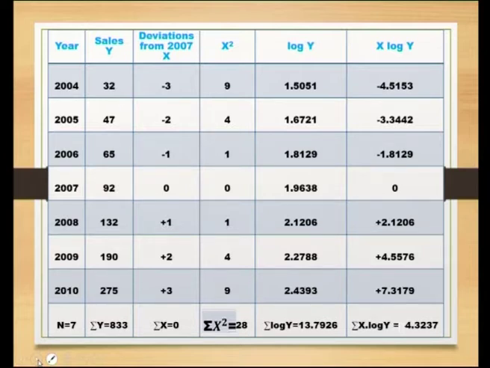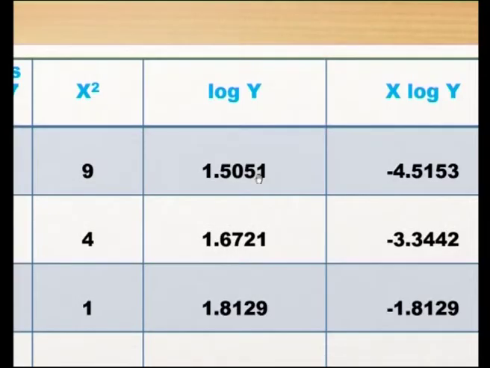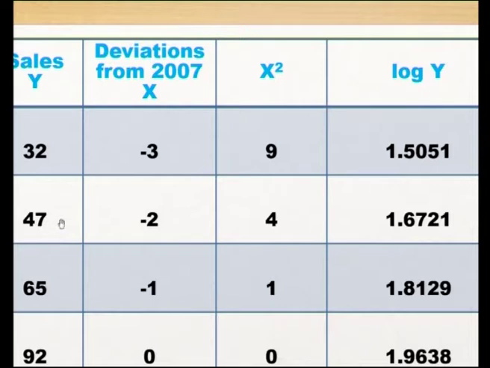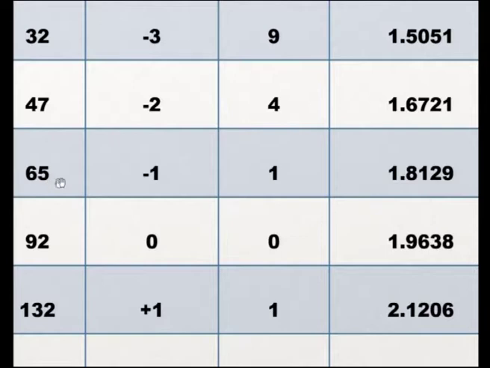is equal to 28. Then, taking natural logarithms, that is log to the base e, log of 32 is 1.5051 corresponding to the y value. Then log of 47 is 1.6721, and log of 65 is 1.8129.